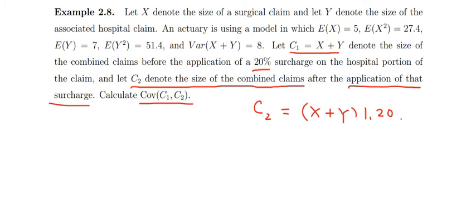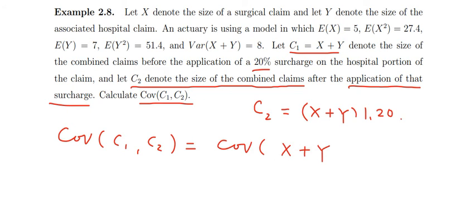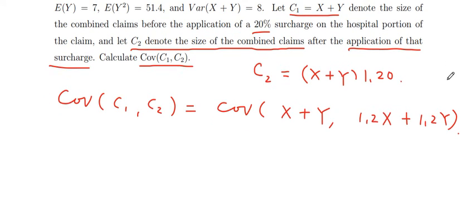Okay, so here we need to use this formula. We have this formula, so covariance for C1, C2. So this equals covariance of x plus y and 1.2x plus 1.2y. So here we have this covariance formula. So we can say just like multiplication.